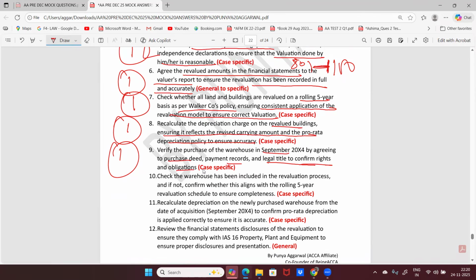Now this is again general. If you check, people have written this as general. But what I've done is I've used the word warehouse, case specific, and September 2024, case specific. So with this, it makes it more case specific. It is a very general procedure, but I have included these two words to make it case specific, right? This is also how you people can do it.